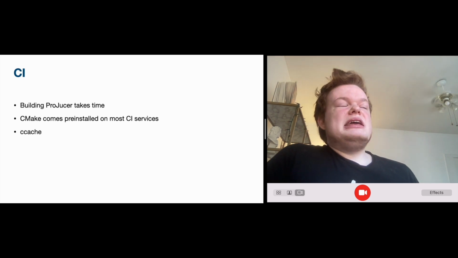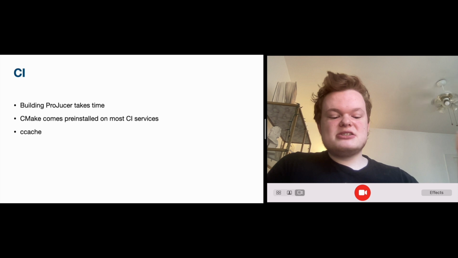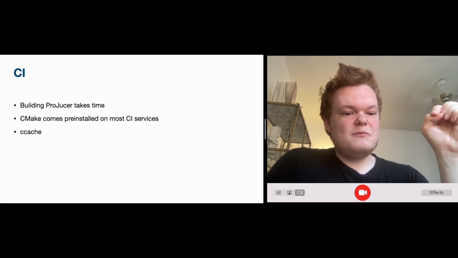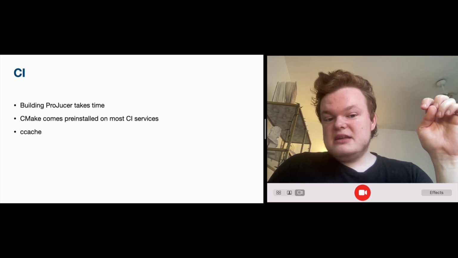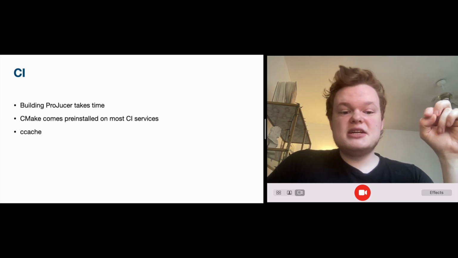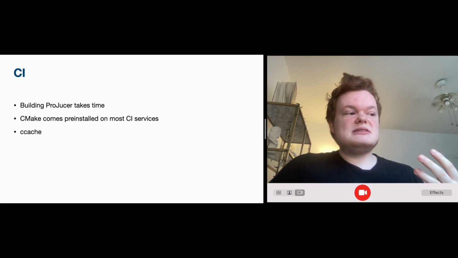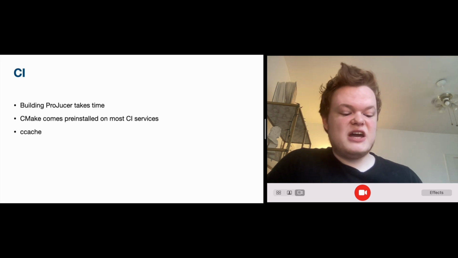And so it intercepts all calls to the compiler, and Ccache looks at it and says, have I compiled this source file before? And if so, have any changes been made to it since then? If any changes have been made, it recompiles it. But if not, it just reuses the past output and does not recompile the actual source file.